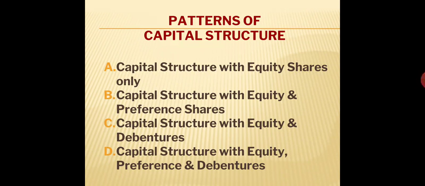The first merit, the first advantage, is that a company with this pattern of capital structure can enjoy the advantages of all the patterns stated above. Yes, definitely, the company gets the benefit of equities, the benefit of debentures, and the benefit of preference shares. The second one, the market for the company's securities is considerably wider.